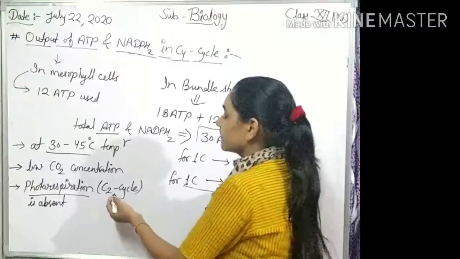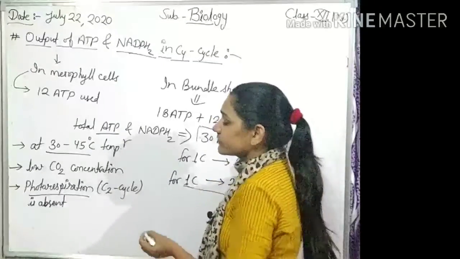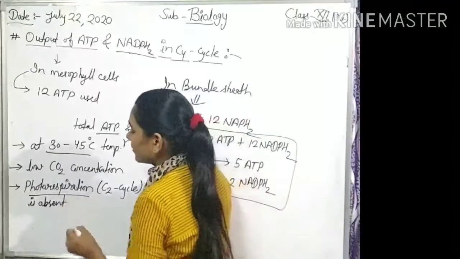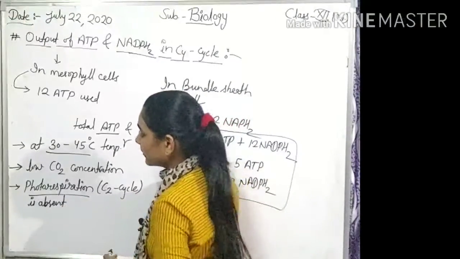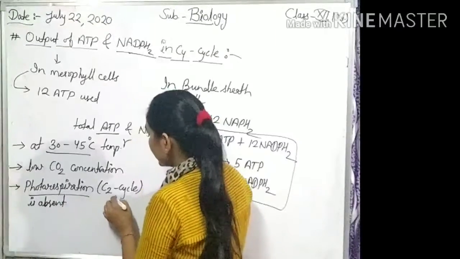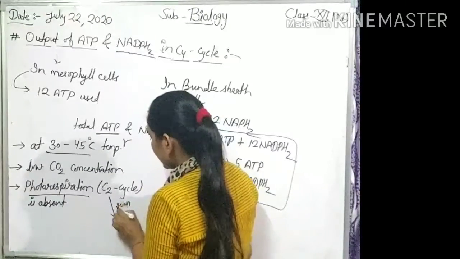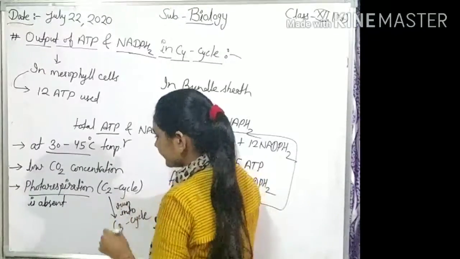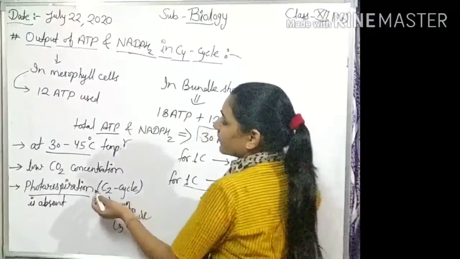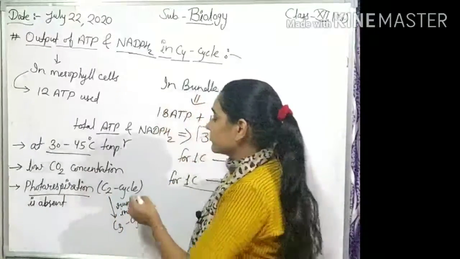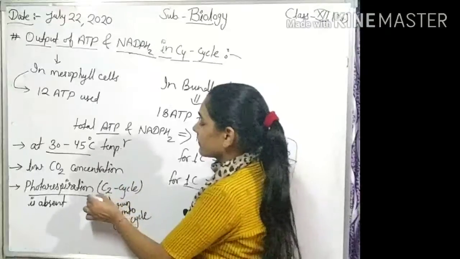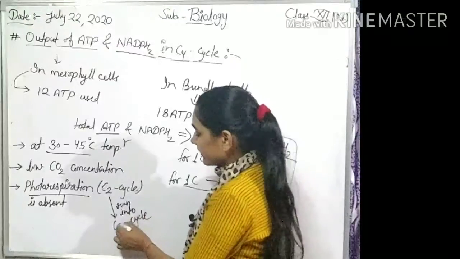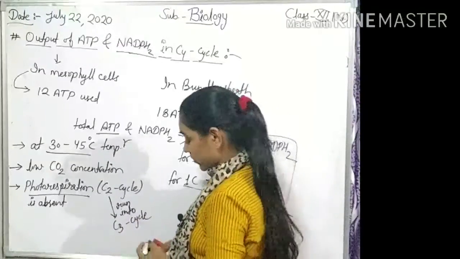So it saves the loss of carbon, because the C2 cycle runs into the C3 cycle, and it is completed in 3 cell organelles: chloroplast, mitochondria, peroxisomes.